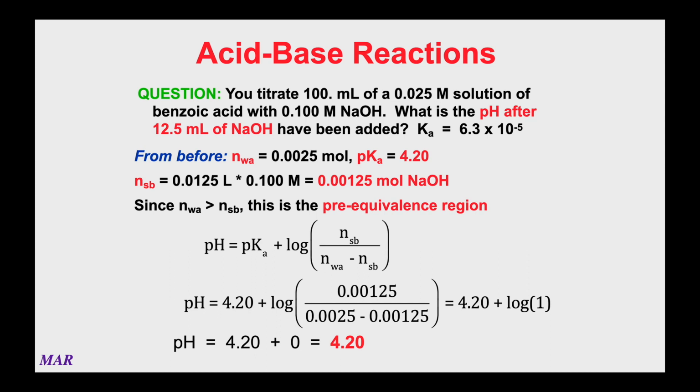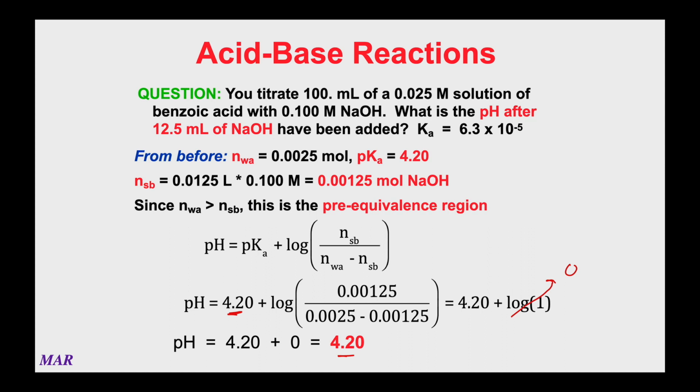And in the logarithm world, log of 1 is 0. So notice at this point, pH and pKa are the same. If you can find the half equivalence point, pH and pKa are the same. And that's kind of a cool thing. So you can see that the pH, 4.20, equals the pKa, 4.20, as well.